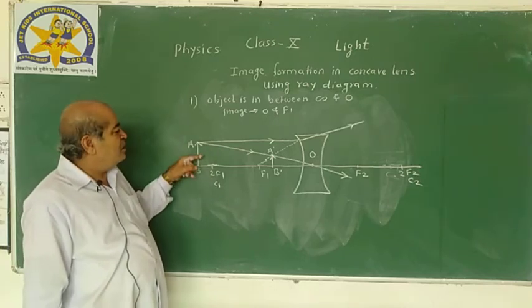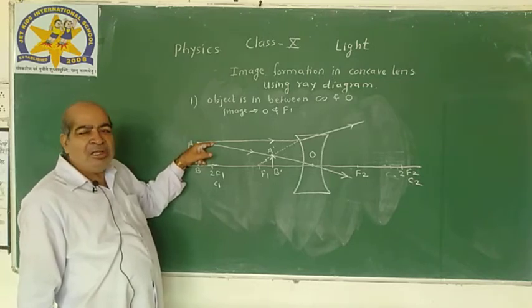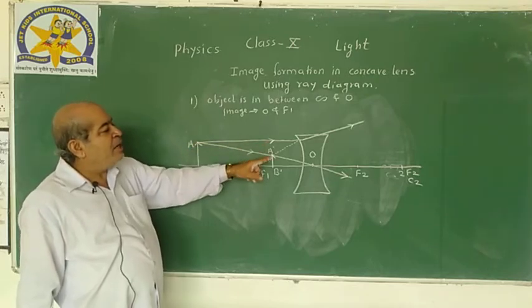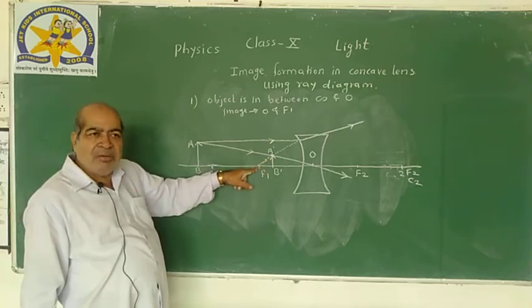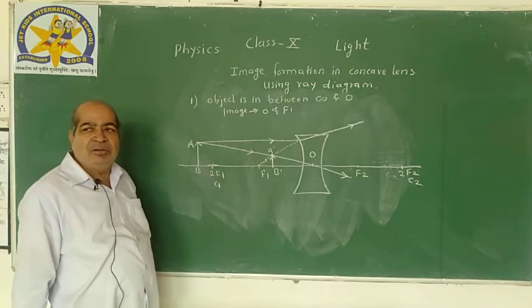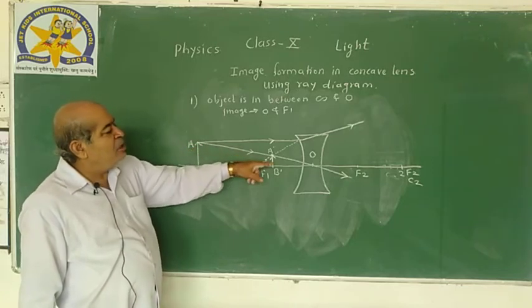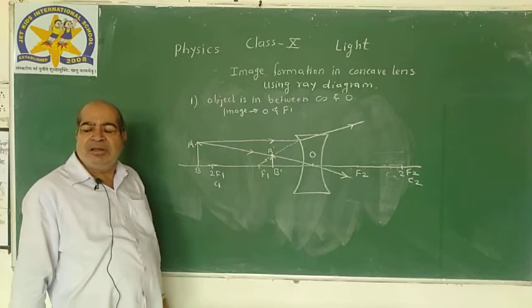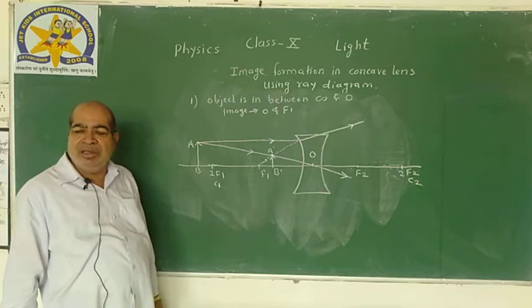One rule: when a ray of light parallel to the principal axis is incident on the concave lens, the ray is refracted and appears to come from the principal focus on the same side of the object. The second rule: when a ray of light passes through the optical center of the concave lens, it emerges without any deviation.